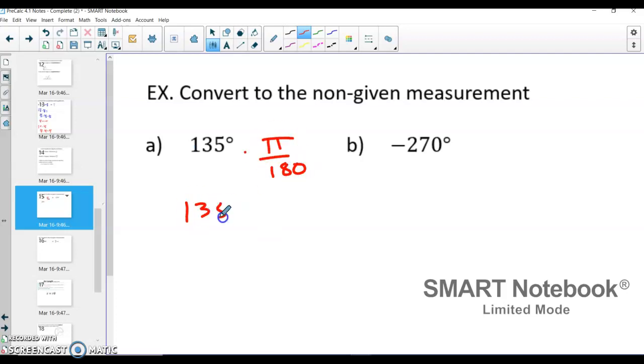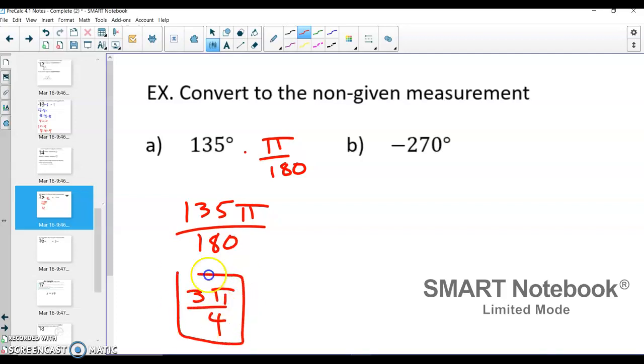So this becomes 135 pi over 180. And I just put that fraction in my calculator so I can reduce it down. Quite simple. And I got 3 pi over 4 is the same thing as 135 degrees. This will be helpful for us in the beginning stages of doing radians and degrees, so that we can convert back and forth.